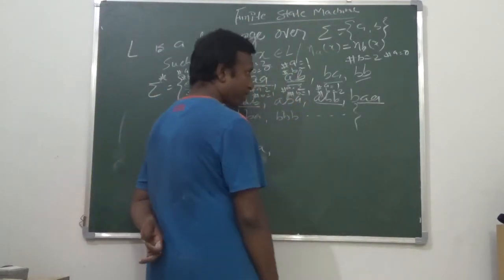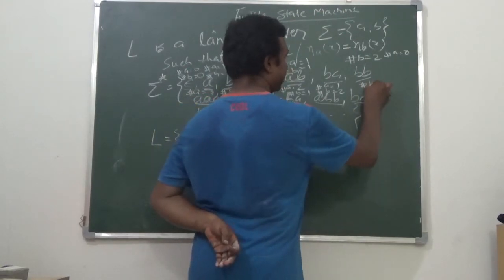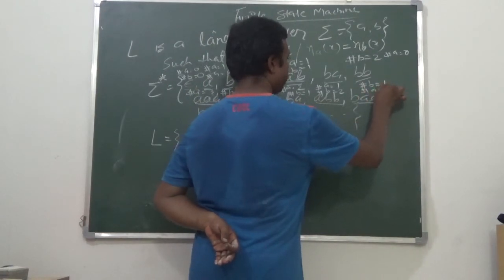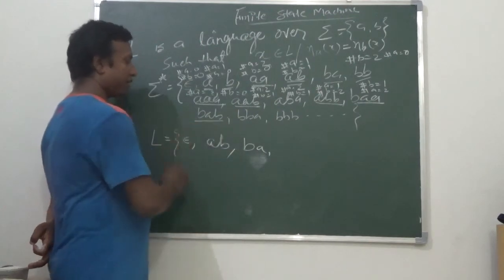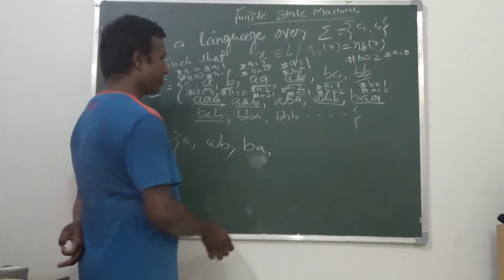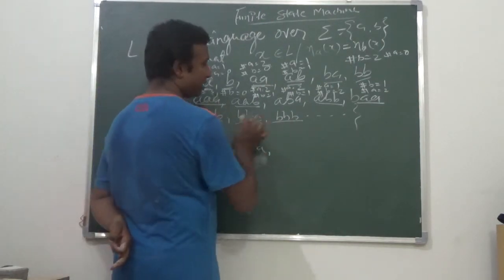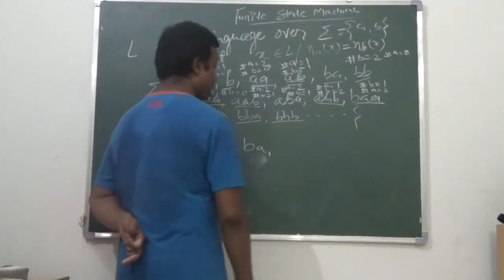Here the number of B is equal to 1, the number of A equal to 2, unequal, we are not going to add. If we count here, we have 2 B, 1 A, unequal, here 2 B, 1 A, not equal, here 3 B, 0 A, not equal.